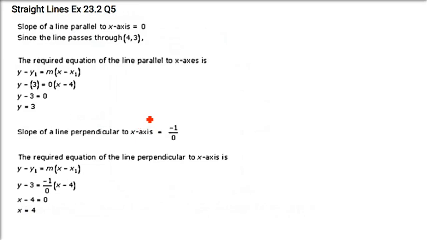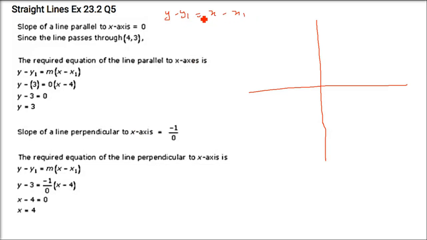Find the equation of the straight lines which pass through 4, 3 and are respectively parallel and perpendicular to the x-axis. So we have the x-axis here. Now the line is passing through 4 and 3. So the equation is y minus y1 equals m times x minus x1, because x1 and y1 are given.